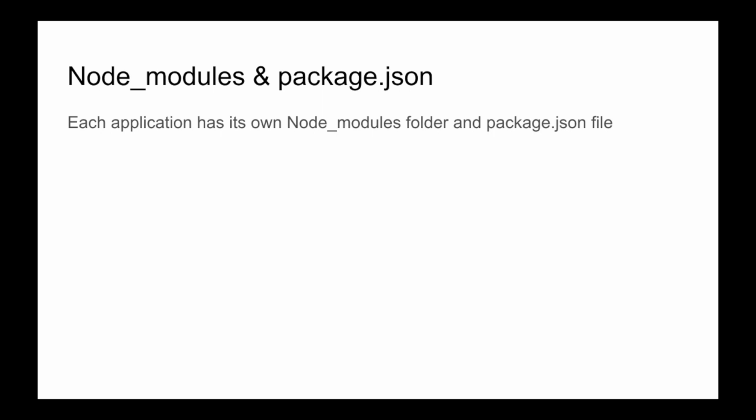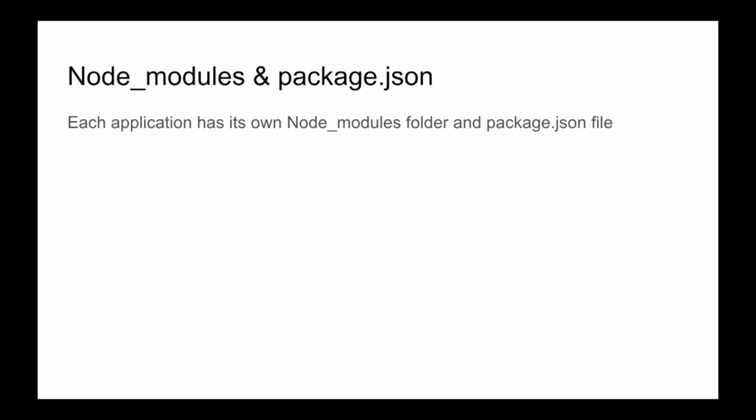Another thing that may come up in your journey to start your own project is node modules and package.json. Node modules is the folder that holds all of the code for your dependencies for your Node project. And the Angular app will also have its own node modules. Now, I've seen instances where you only have one. I actually do not have an opinion or an idea on what best practice it is for where you need to store your node modules, if one is better than two, or if each project has its own.